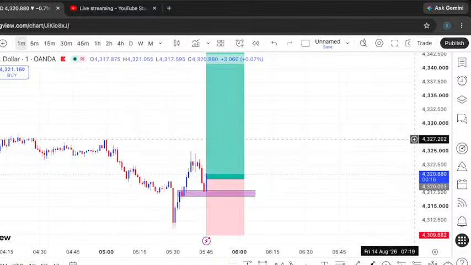So guys, let's get in for that buy right now. Make sure you're on a buy right now on gold. You guys on a buy? Are you in on that long position on gold?